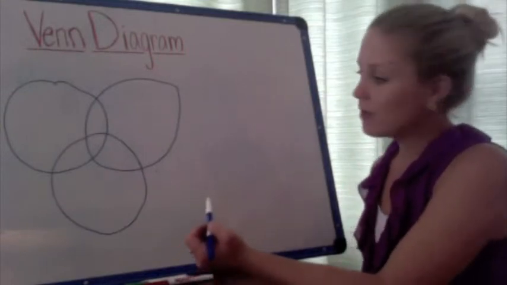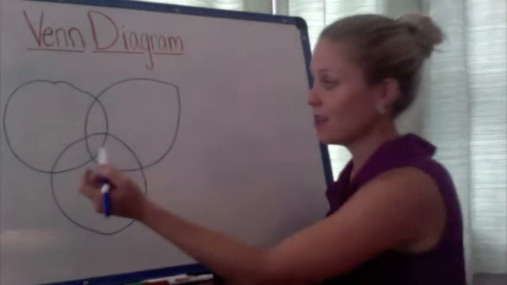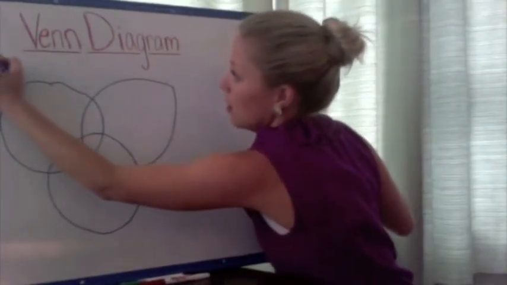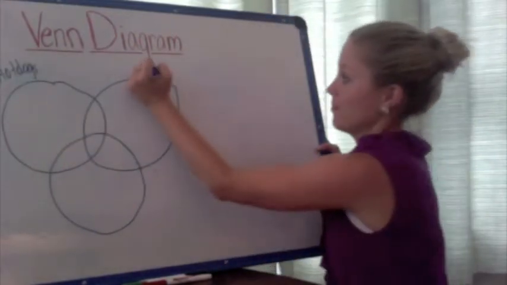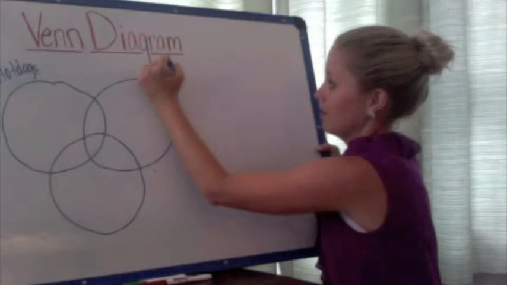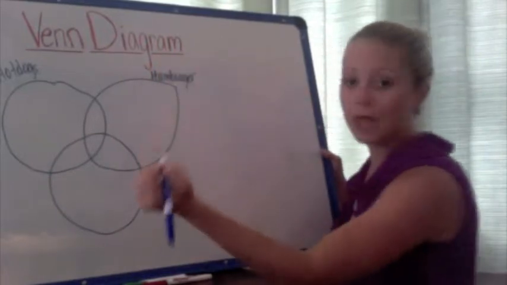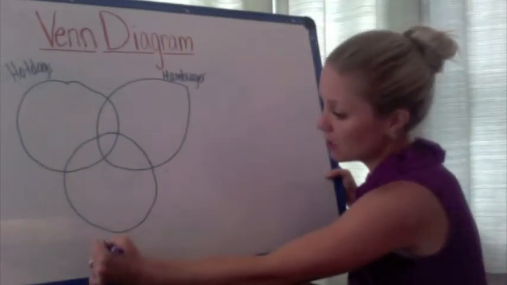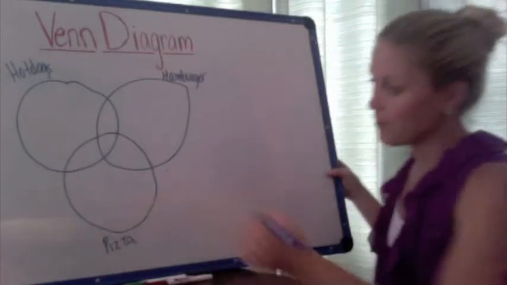So, let's go back to our hot dogs and hamburgers, okay? So this will still be hot dogs. And this will still be hamburger. And now we want to see who likes pizza. So this is pizza. Okay?